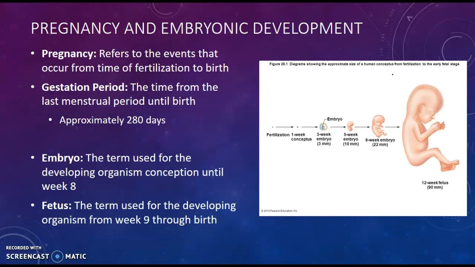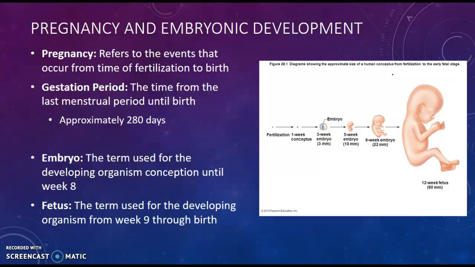All right, now we're going to move on to pregnancy and embryonic development. So pregnancy is the events that occur from the time of fertilization to birth. And gestation is the time from the last menstrual period until birth.